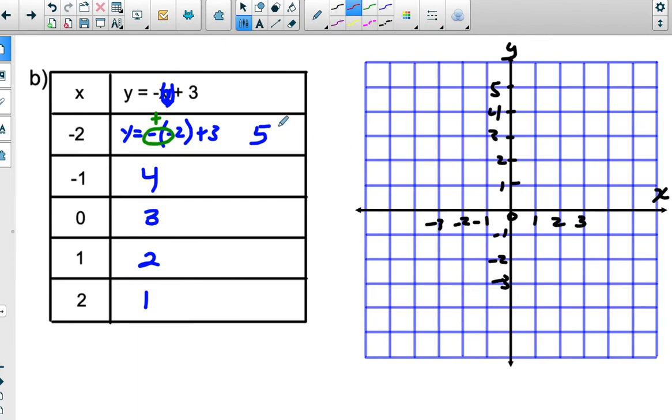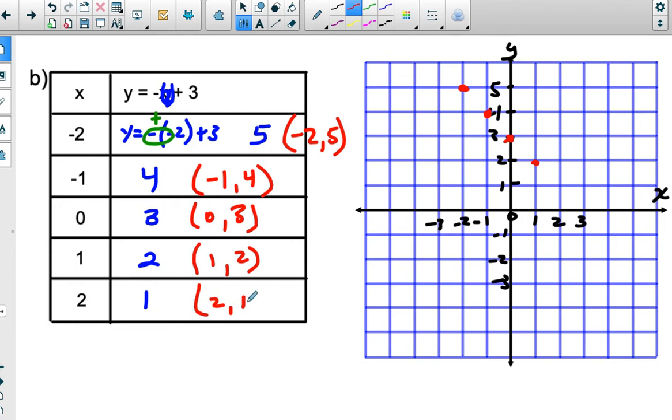And we can plot these points, we can make them into ordered pairs: -2 and 5. So we go to -2 on the x-axis and up to 5 on the y-axis. -1 and 4. So -1 on the x-axis up to 4. 0 and 3. 1 and 2.